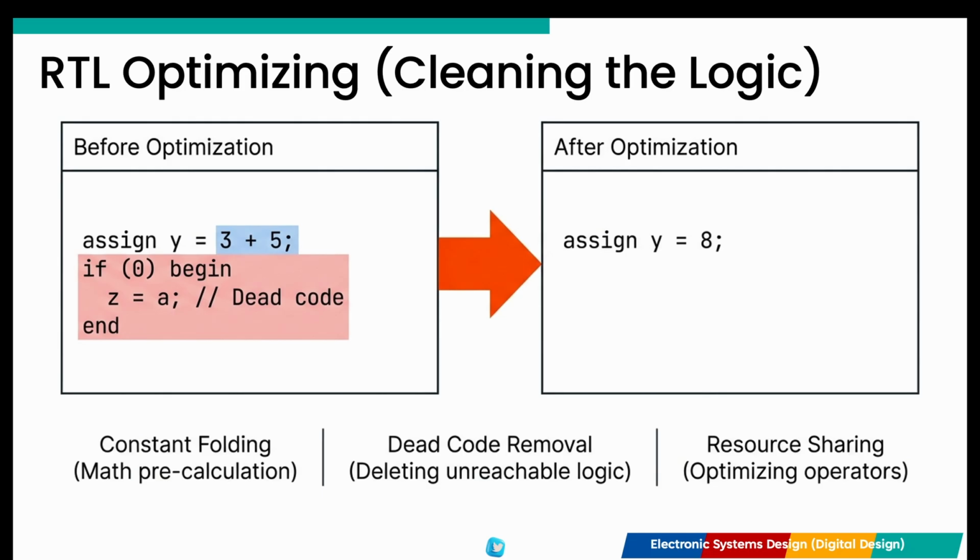It also performs constant propagation. If an input is tied to ground or VCC, the tool calculates the ripple effect through the logic and removes any gates that become dead or redundant. This reduces the area of your chip and significantly lowers power consumption.